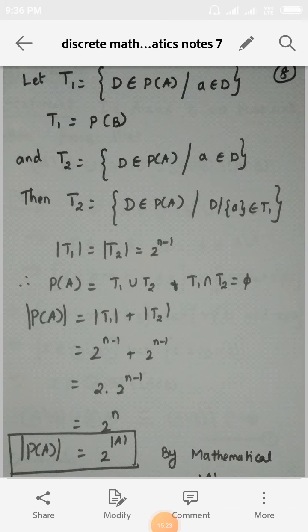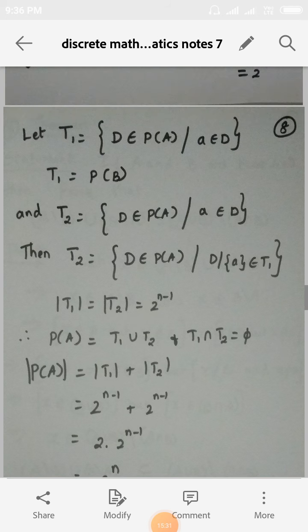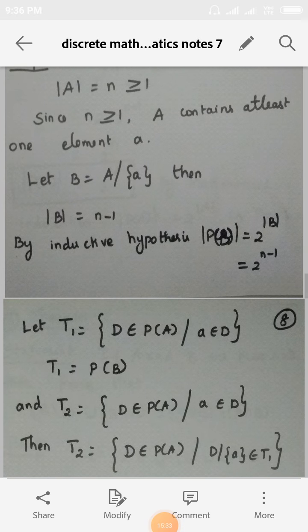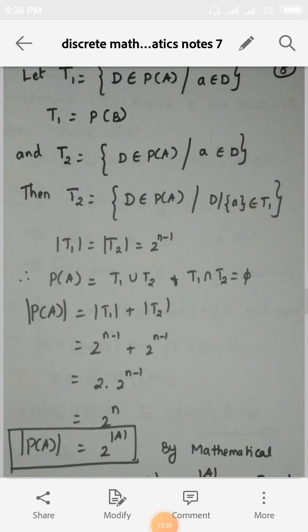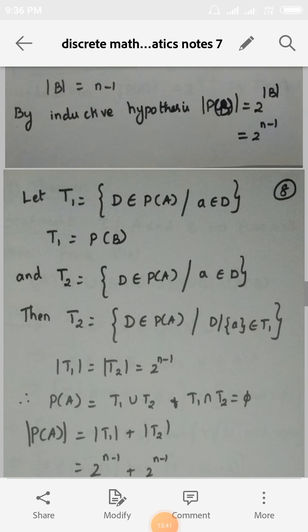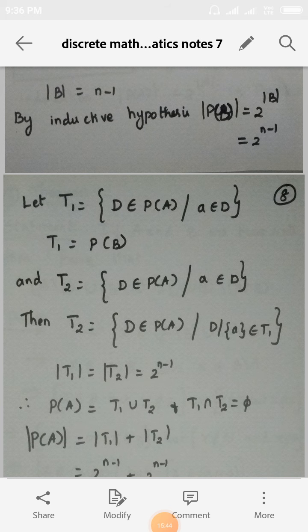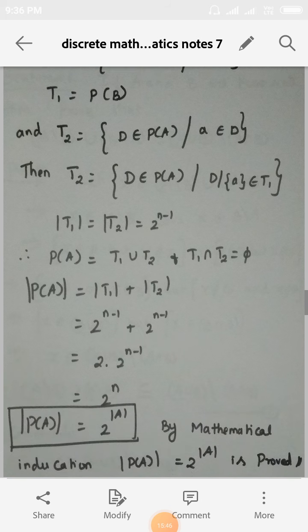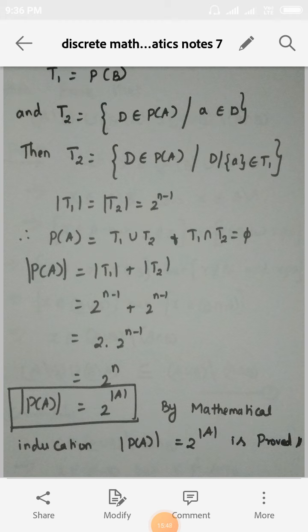So modulus of P of A is equal to, just take the modulus, so it can be written as modulus of T1 plus modulus of T2. What is modulus of T1? We already took T1 is equal to P of B, but P of B is equal to 2 power n minus 1. So modulus of T1 is equal to 2 power n minus 1. And modulus of T2 is equal to modulus of T1, both are equal. So modulus of T2 is also 2 power n minus 1.